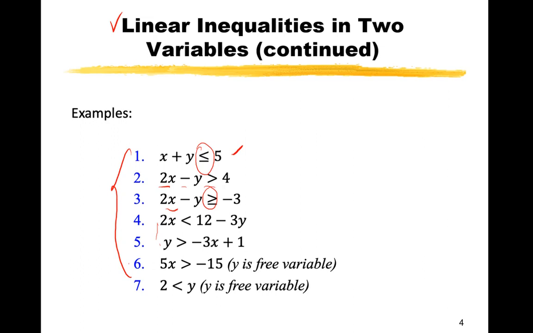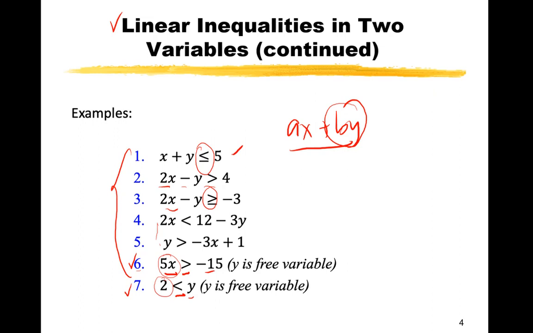Take note, see numbers 6 and 7, examples 6 and 7, we have 5x is greater than negative 15 and 2 is less than y. Notice na similar dun sa ating previous na lecture sa linear equations, it's not taking the form ax plus by, right? So ito, 5x lang siya. We don't have the term containing y.